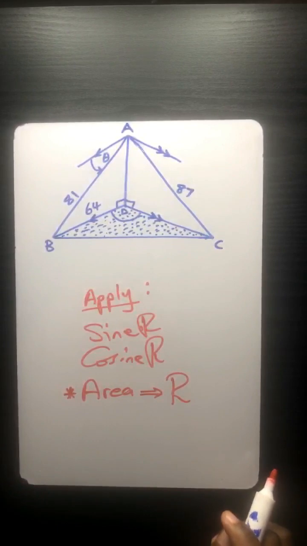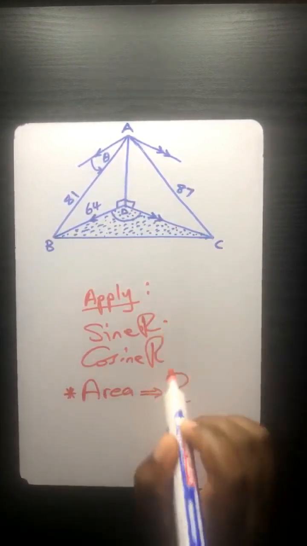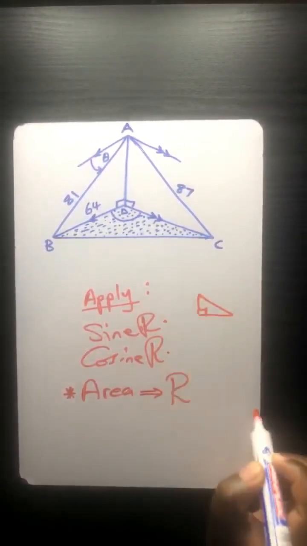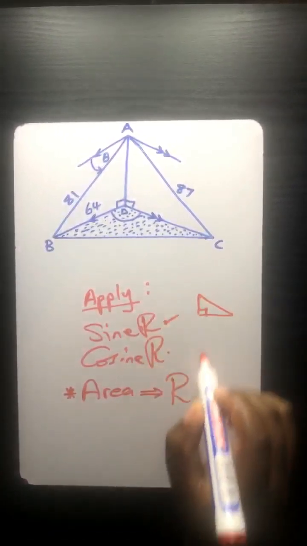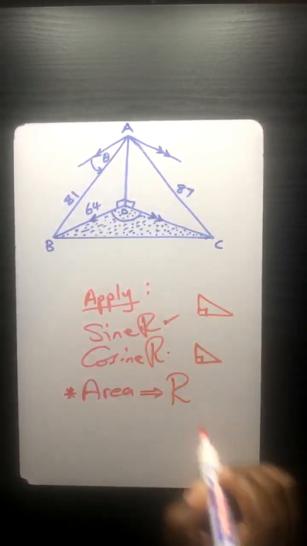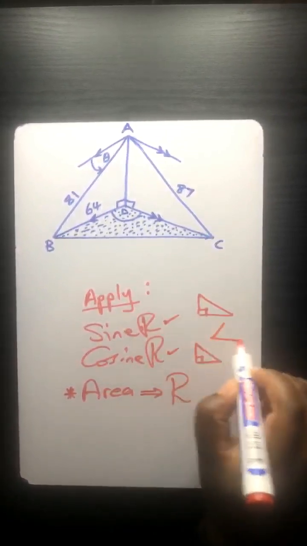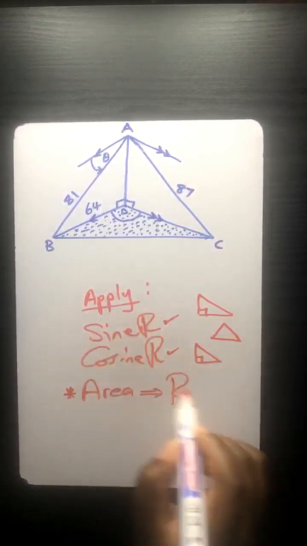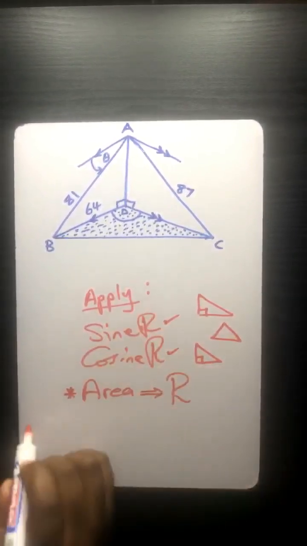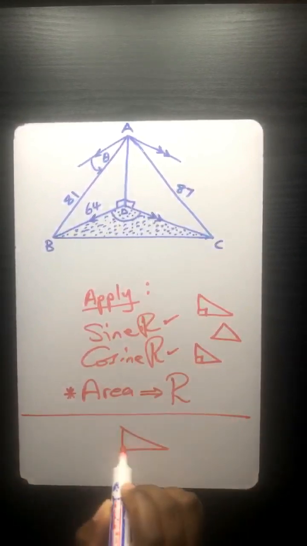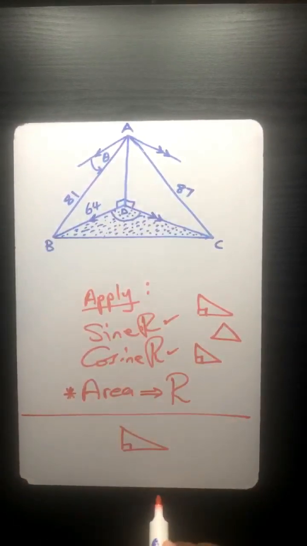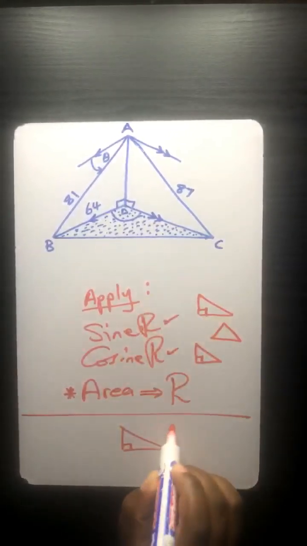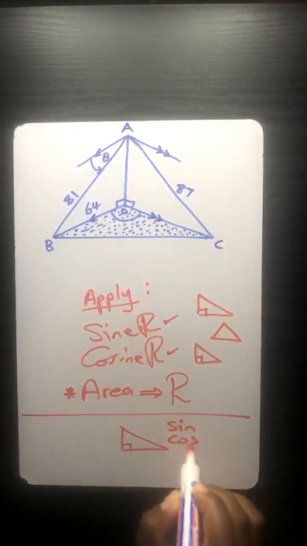But what I like about the sine rule and the cosine rule is that whether you have a right-angled triangle or not, you can still apply them, whether it's a scalene or isosceles triangle. For a right-angled triangle, you actually can apply those, but it is advisable that you use sine, cos, or tan.